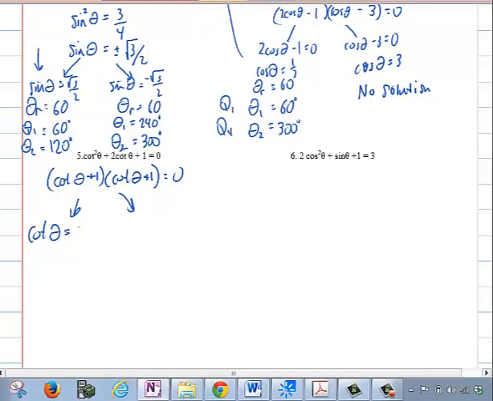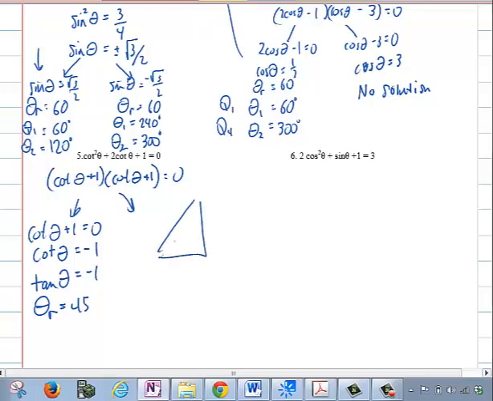I set it to 0 and solve for cotangent of theta. It's negative 1. I'll solve for tan of theta by doing the reciprocal. It's still negative 1. The reference angle for tangent to be 1 is 45, because the sides are equal, opposite and adjacent, that is.